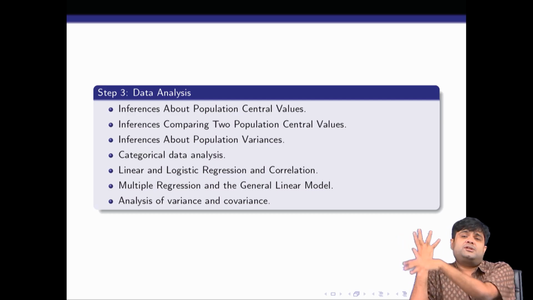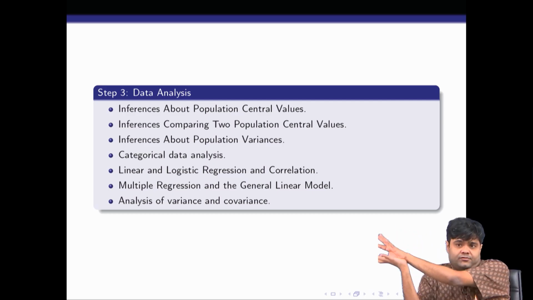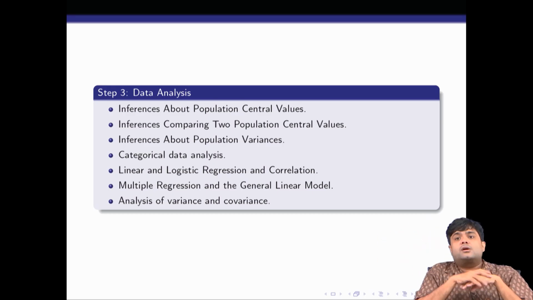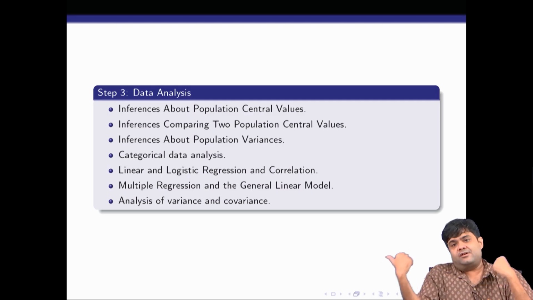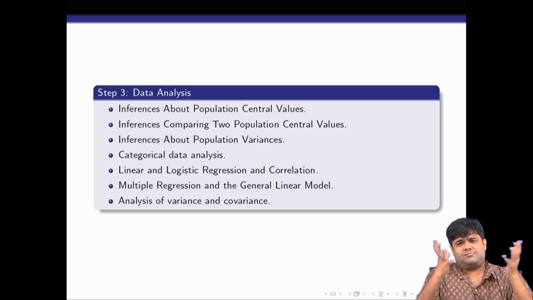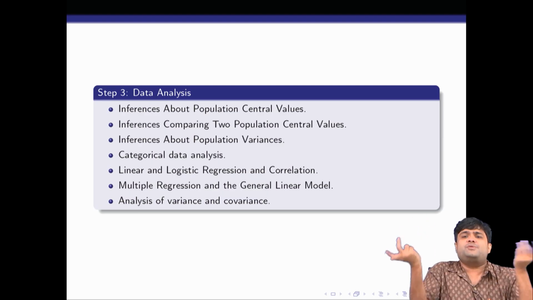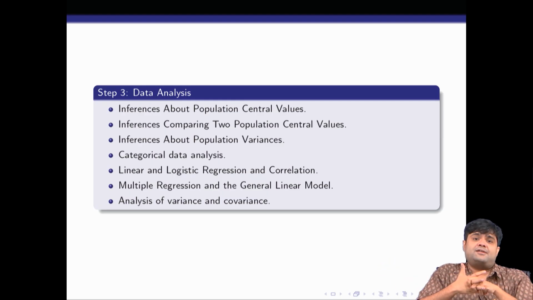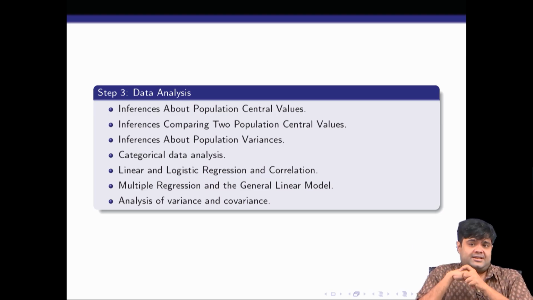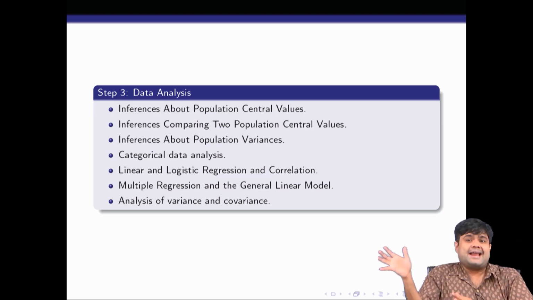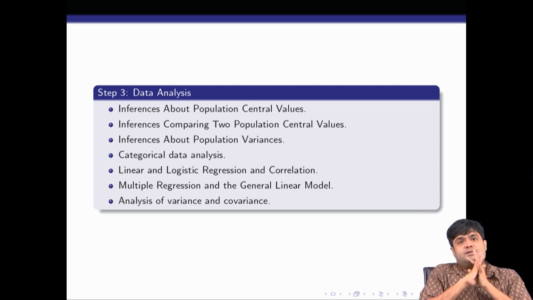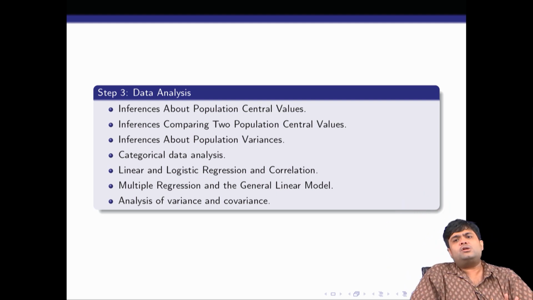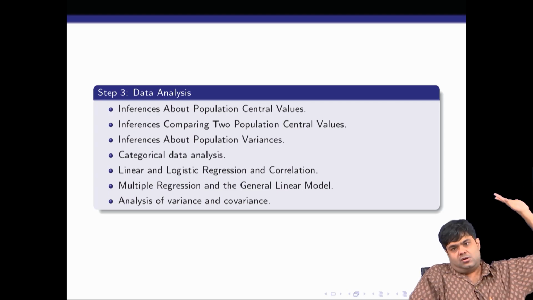There is also logistic regression, which is important for classifying data instead of finding relations between variables. So essentially, relations between variables in one form or another are also studied. And finally, there is analysis of variance and covariance, ANOVA and ANCOVA, which are also important in the study of variability. So this is how the overall statistical process goes on.